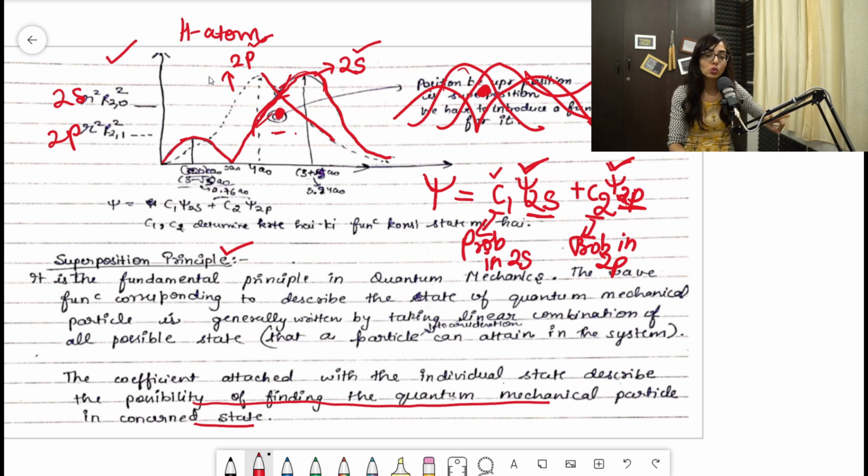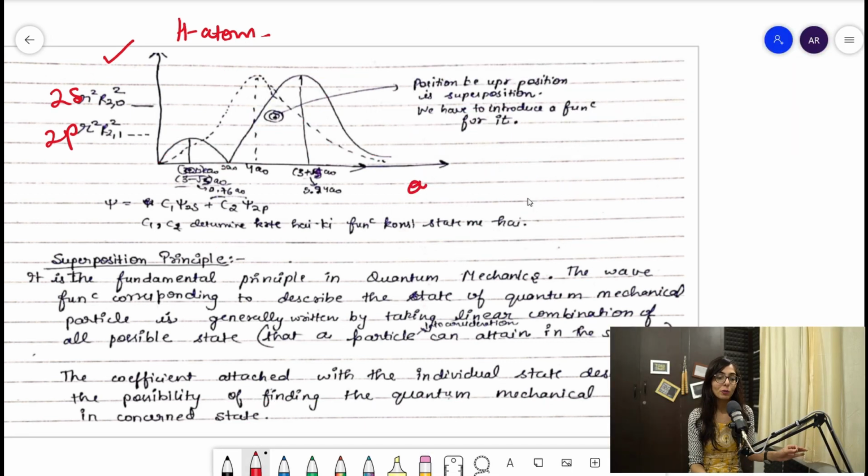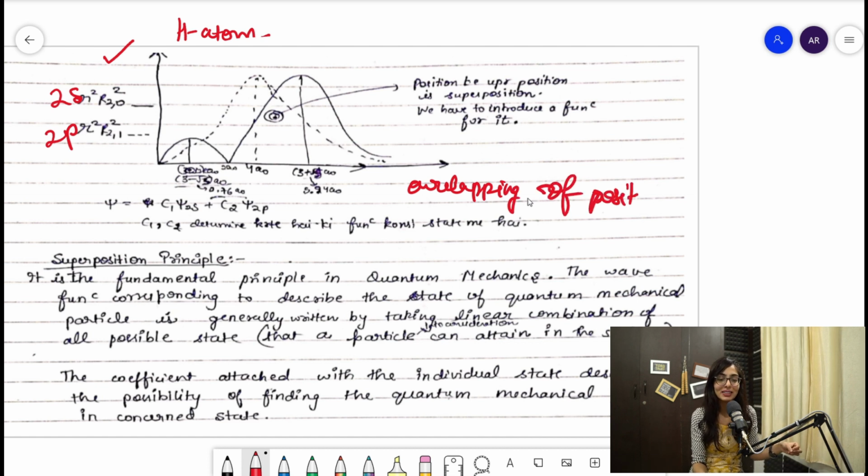So here it was two states, so I took a linear combination of two states. It can be three states, four states, depending on how many graphs are overlapping. Clear guys, I hope that is clear to you. Simply we'll just say that this is just overlapping of positions. That is the moral of this principle, fine.